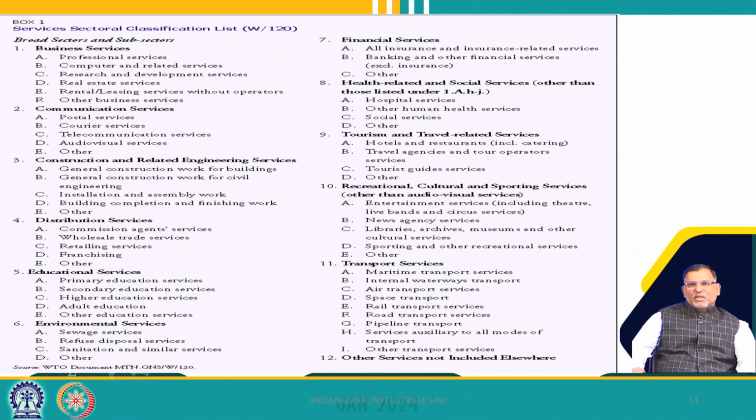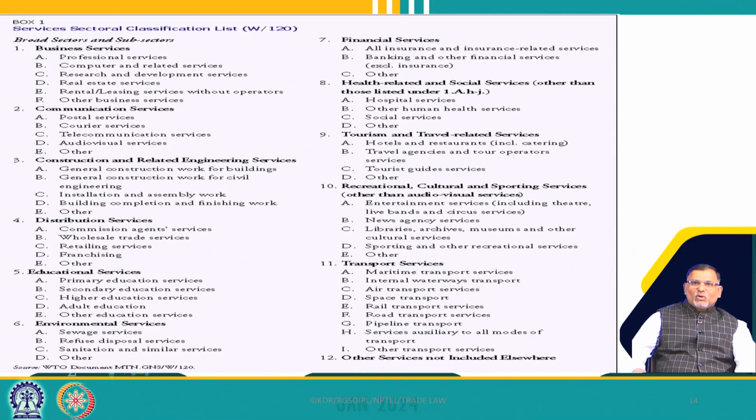Then comes tourism, and one of the most popular sectors mentioned is tourism and travel services, and most countries get their income from hotel and tourism services. Then come the recreational, cultural and sporting services: entertainment services, news agency services, libraries, sporting. This is another category. Then come the transport services.